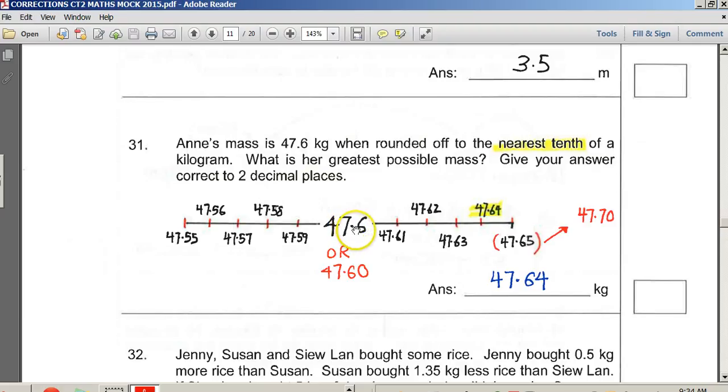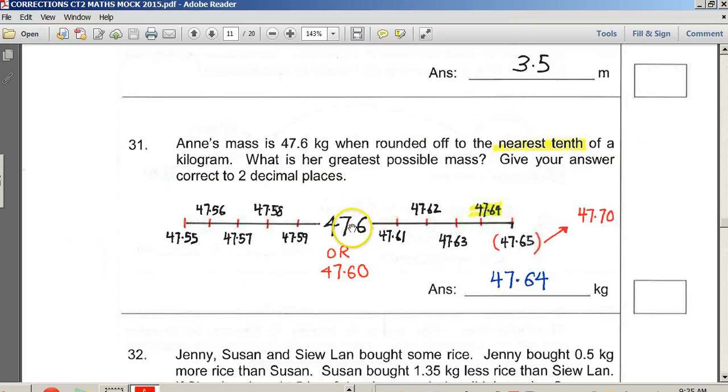47.6. Now look at the hint. The hint is, what is her greatest possible mass? She could have been this weight or over here, but if her greatest possible mass is 47.64, then it would have been rounded to 47.6, right over here, right?